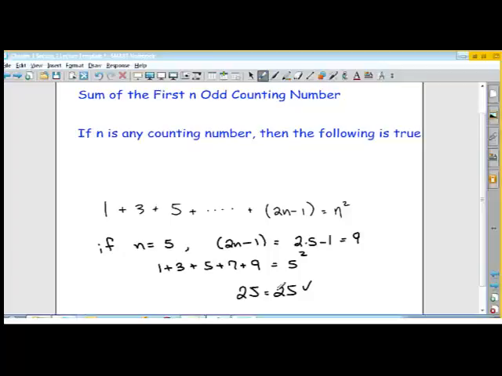It's kind of like that Gauss's thing we looked at the other day, what's 1 plus 2 plus 3 plus 4 plus 5. In this case, we're adding the odd numbers together instead of all the numbers. So there are some formulas that you can use for shortening things if you want to.